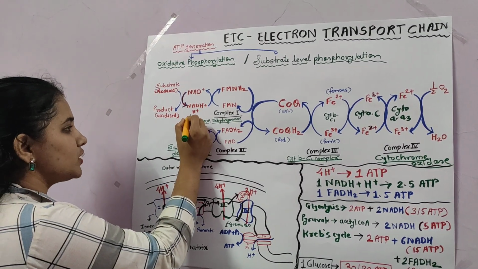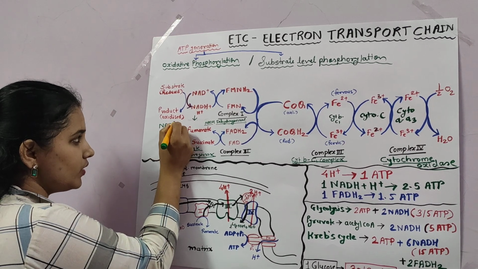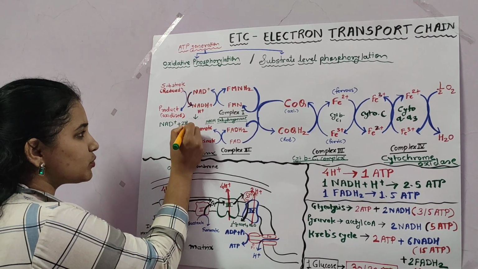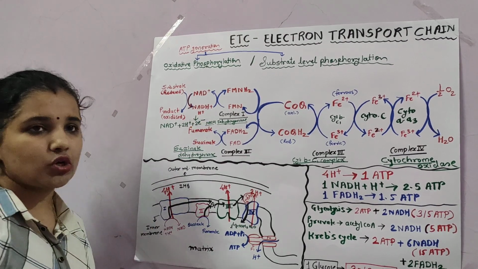NADH plus H plus is broken down into NAD plus, 2H plus and 2e minus.